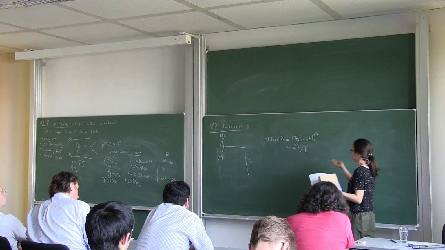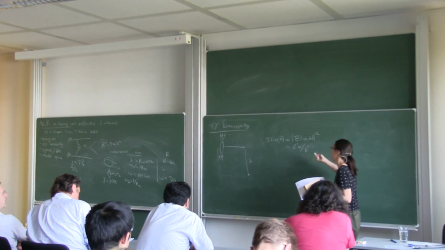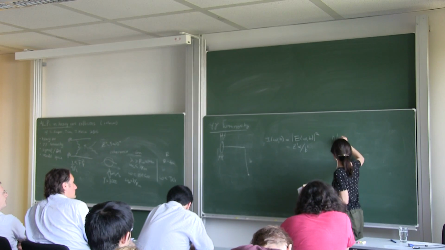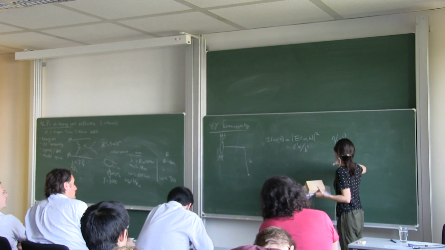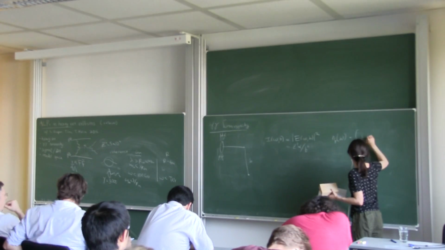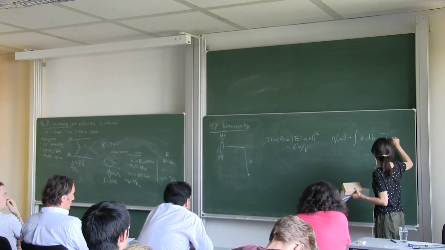And then to actually get the photon PDF, what I want to do is integrate over all impact parameters. So I can define something as a function of the photon energy, which is just integrating this flux over all impact parameters.